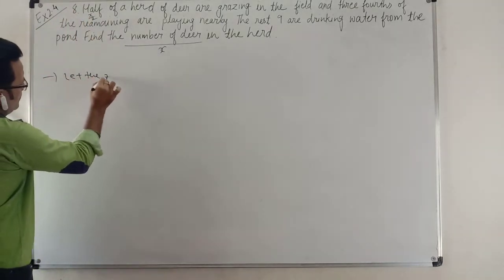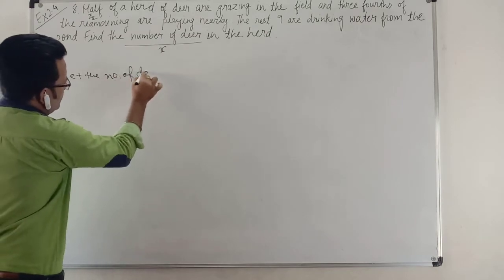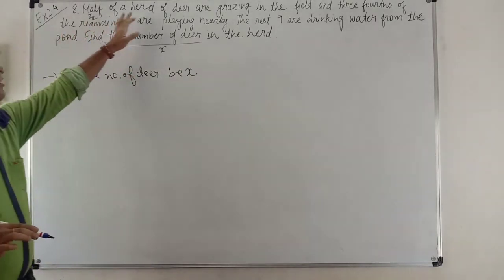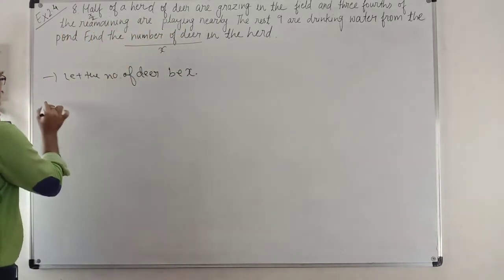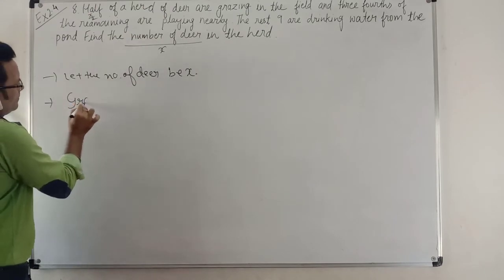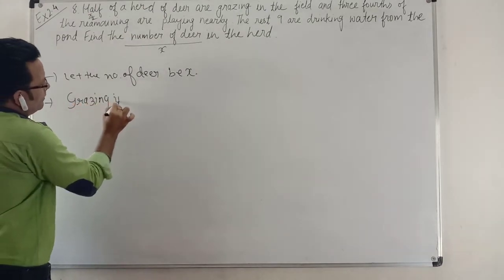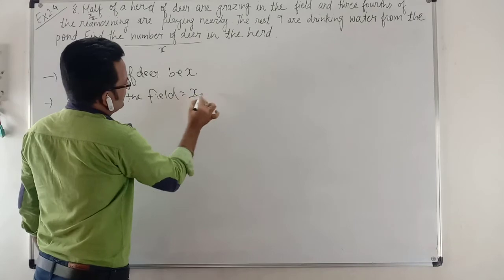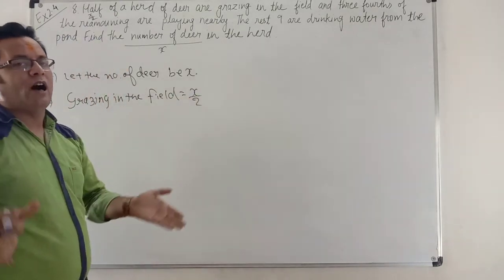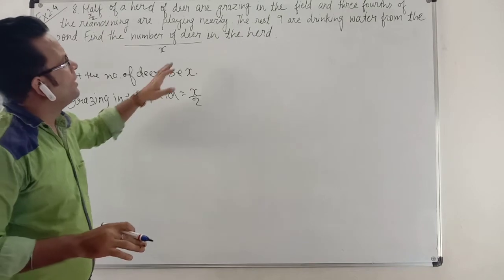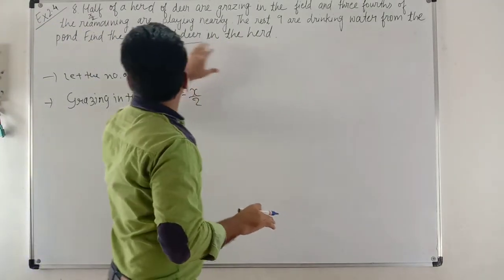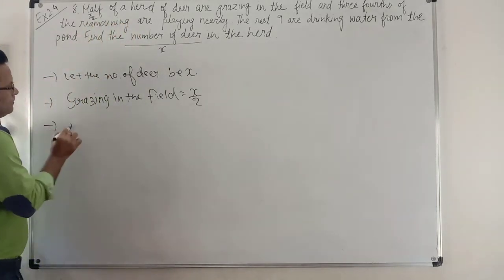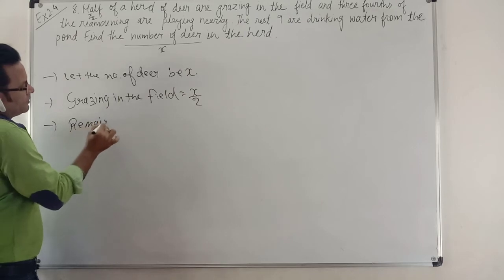Let the number of deer be x. Now half of the herd of deer are grazing in the field, that is x by 2, because we have to take half of x, so that is x by 2. Now see, 3/4 of the remaining, first of all you have to find the remaining.